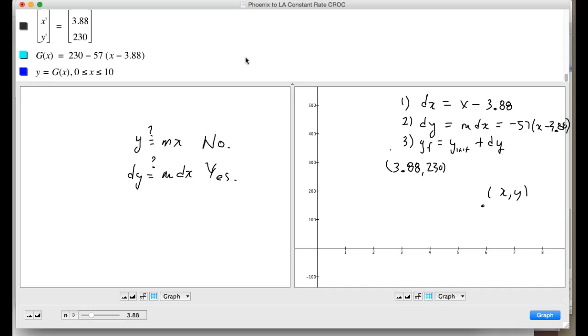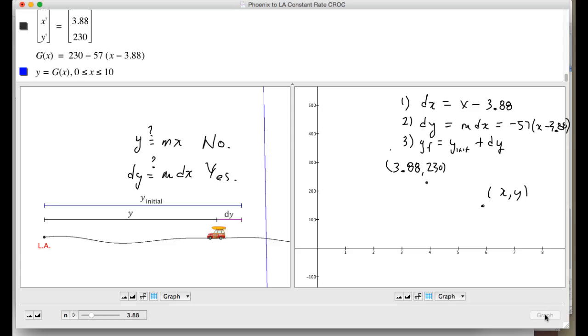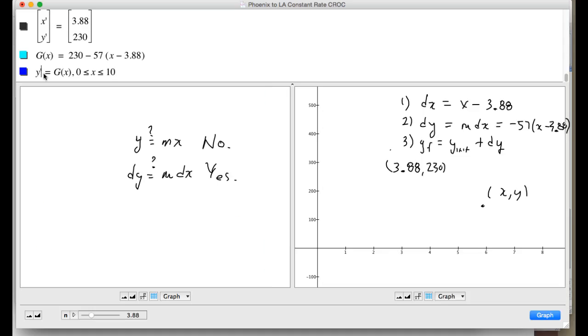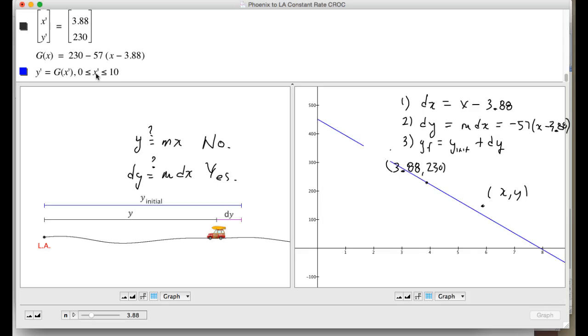All right, now take a look. These are all correspondence points of time and distance. What did I do wrong? I graphed in the wrong pane. I want to graph it in the right-hand pane, so I need those apostrophes. Better.